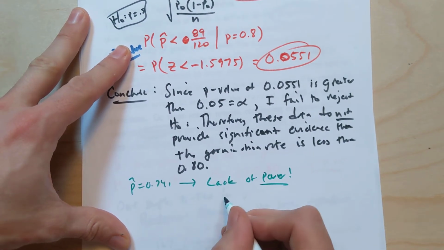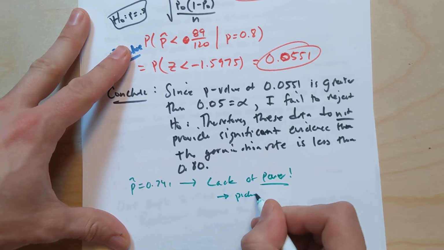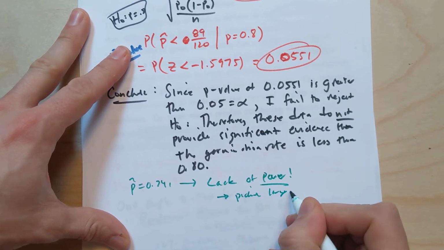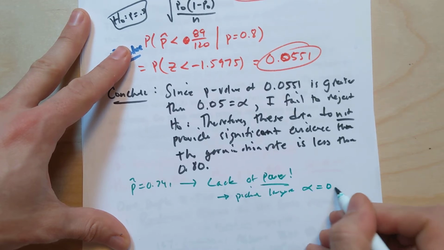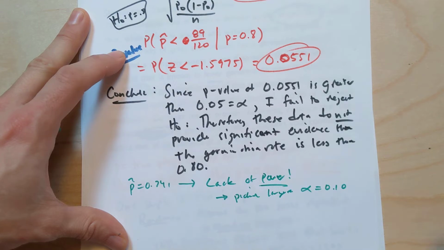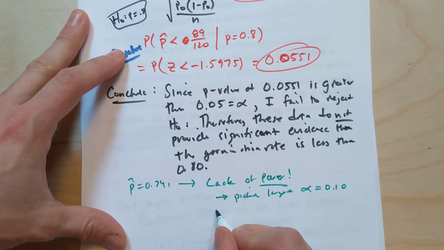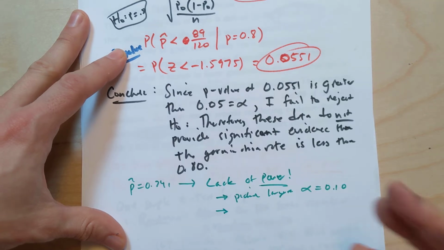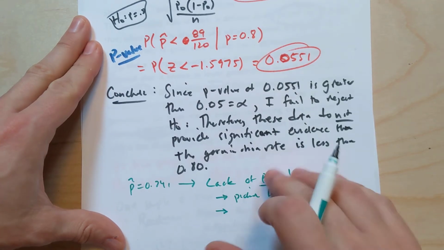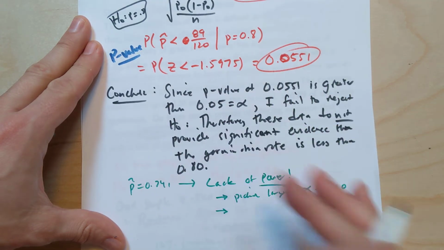So how could I have gotten more power in this test? Well, I could have simply picked a larger alpha, maybe alpha of 0.10. And if alpha was 0.10, I surely would have rejected the null hypothesis. But that's not that satisfying. That's just saying I'm going to come up with a weaker criterion, and I also don't want to make a type 1 error. In this case, I certainly didn't, because I failed to reject.